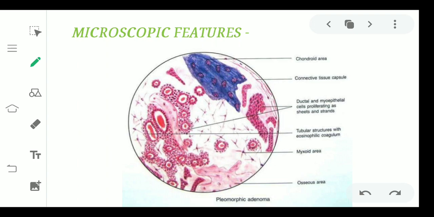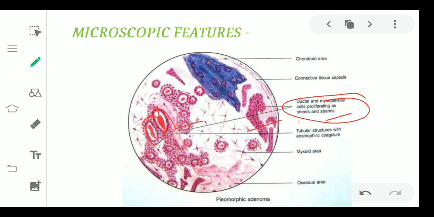Moving ahead to the microscopic features. The major microscopic features we are supposed to look at are the ductal and the myoepithelial cells, which are seen in the form of sheets and strands. So these cells can be arranged in the form of sheets, and sometimes they can also be arranged in the form of strands. If you see, this is a tubular structure here, if you can just make it out.